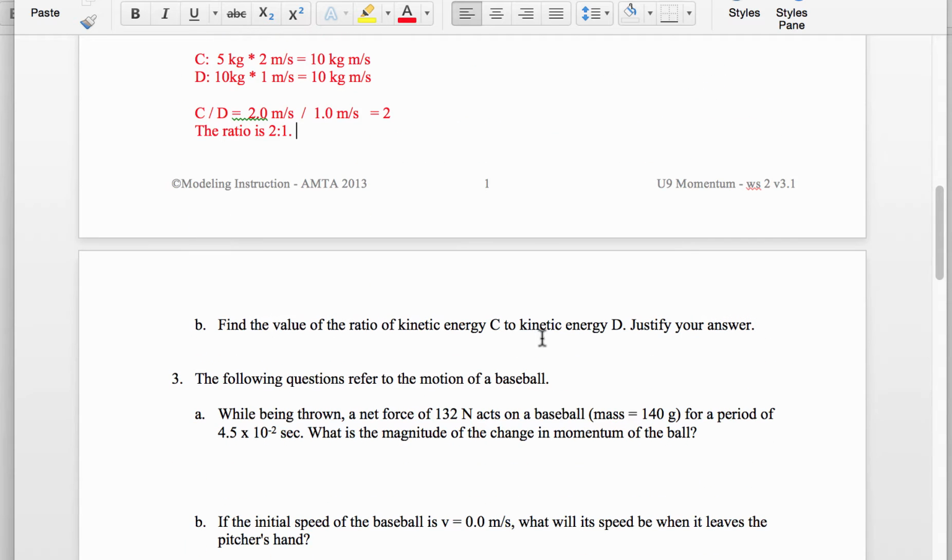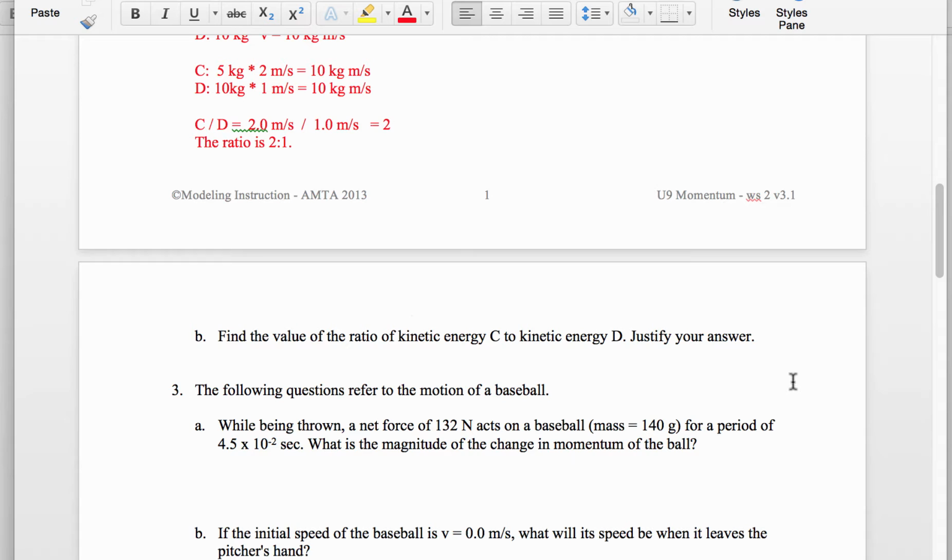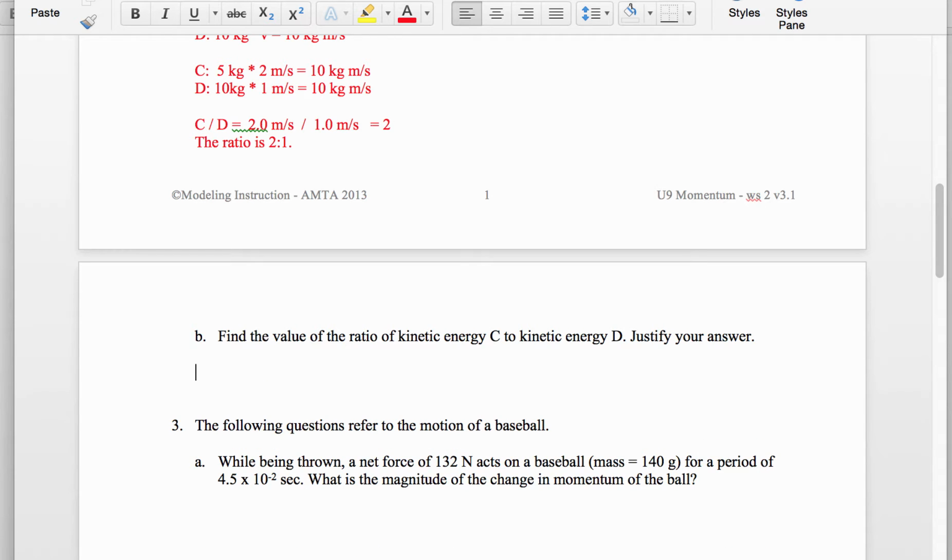Okay. Kinetic energy. We know our masses again for C. Mechanical kinetic energy is 1/2, or 0.5, times the mass, times velocity squared.